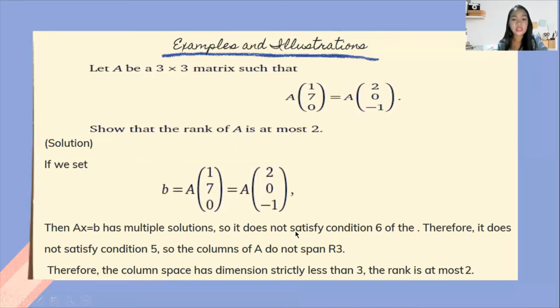So it does not satisfy condition 6 of the invertible matrix theorem. Therefore, it does not satisfy condition 5, so the columns of A do not span R3, since it is a 3 by 3 matrix. Therefore, the column space has dimension strictly less than 3. The rank is at most 2.